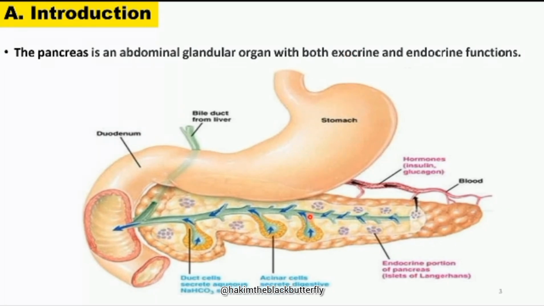Yes, it has multiple cells that do that. They produce secretion straight into ducts, and because of that, again, we can say the pancreas is an exocrine gland. So to make everything easy, you can just call it a mixed gland with both exocrine and endocrine functions.